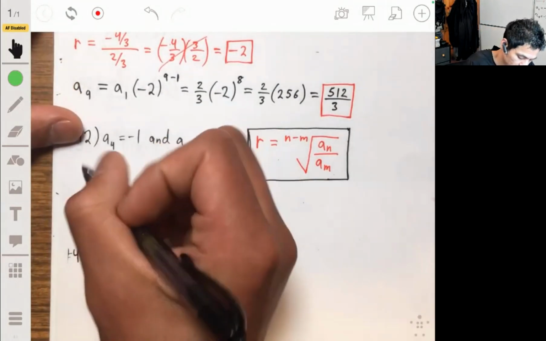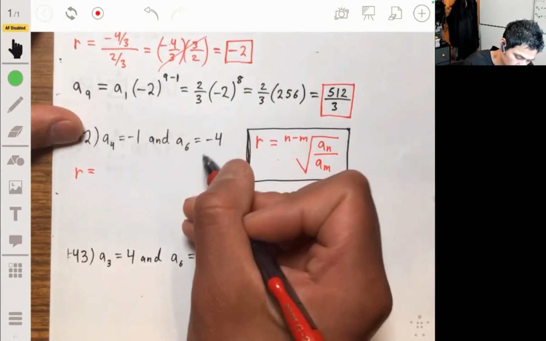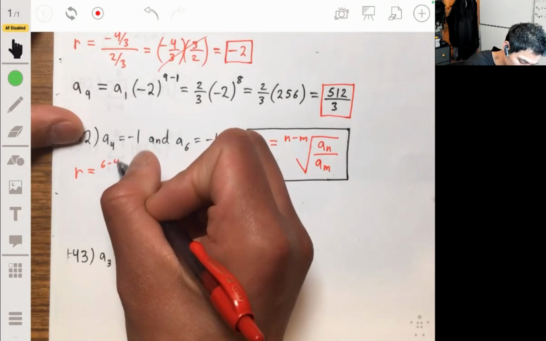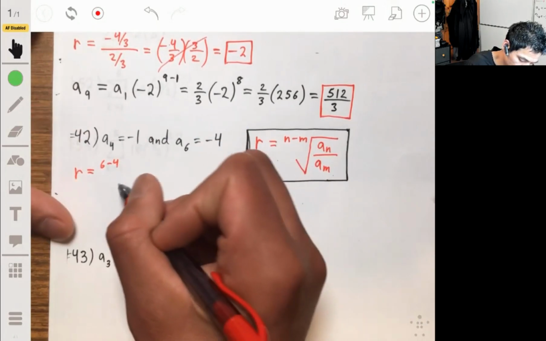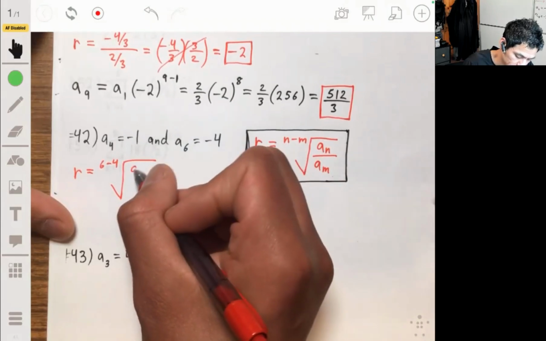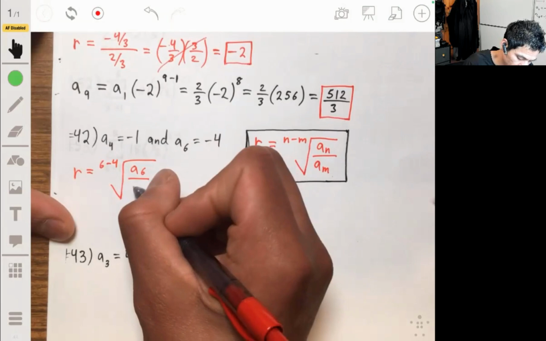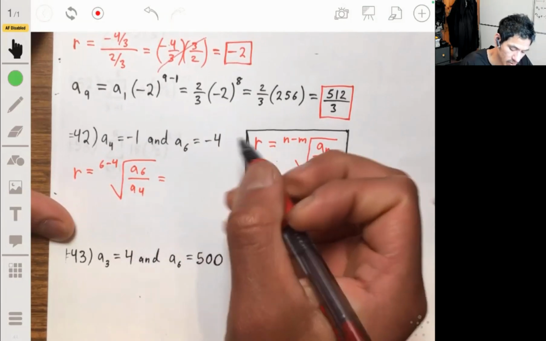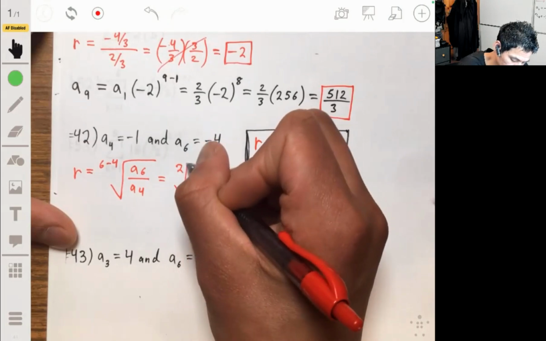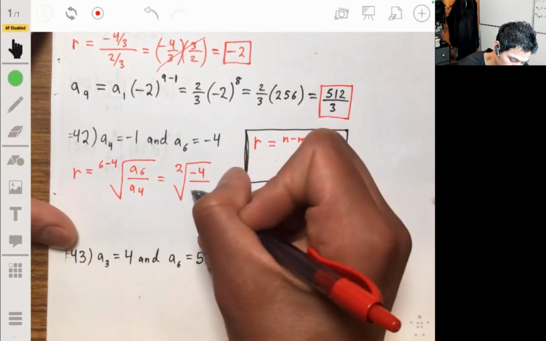So for example, in this case, r is going to be equal to the 6 minus 4 root of a6 over a4, which is you're trying to find the second root, which is just a square root of negative 4 over negative 1.